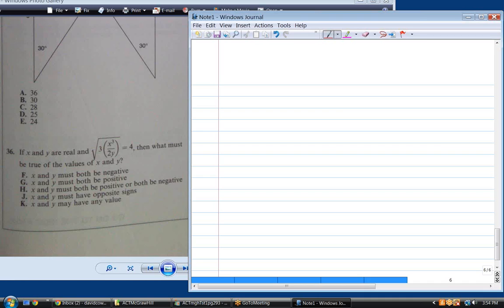Is that a possible domain? Can x and y both be negative? Yeah. Do they have to both be negative? No. Okay, so F is half correct. They could be both negative, but they don't have to both be negative, as G immediately tells you, because they can both be positive also.